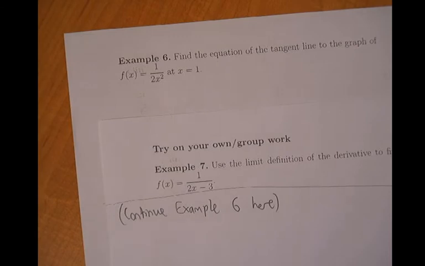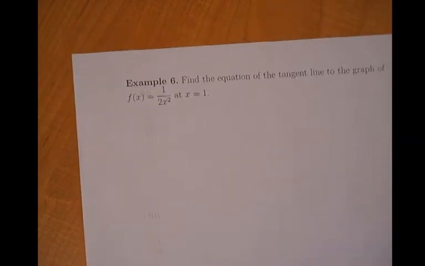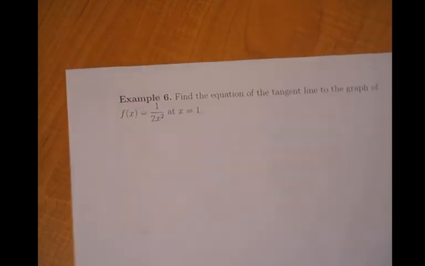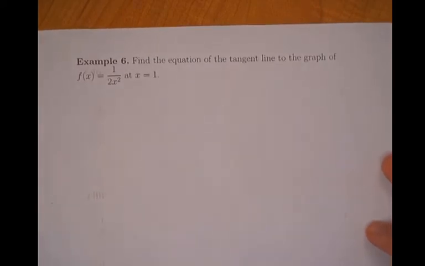Okay? So with example 6, let's go ahead and take a look at what this is saying. The goal is to find the equation of the tangent line to the graph of f of x equals 1 divided by 2x squared at x equals 1. Here, what you'll notice is that we have to find the equation of the tangent line.